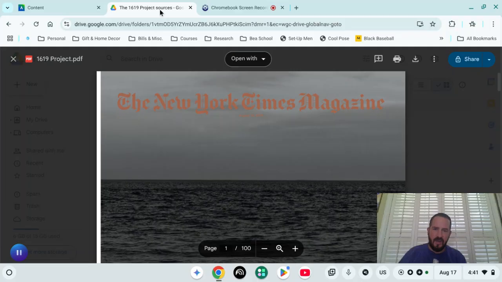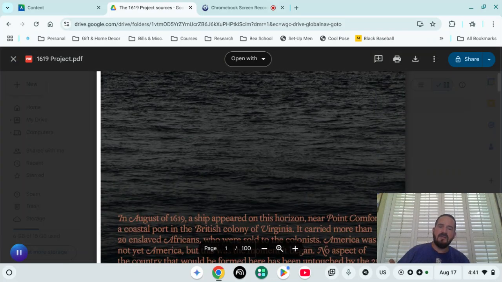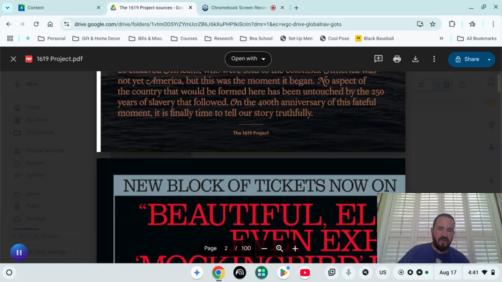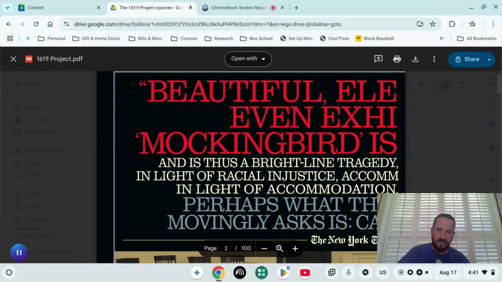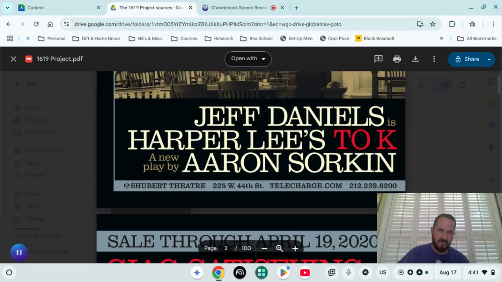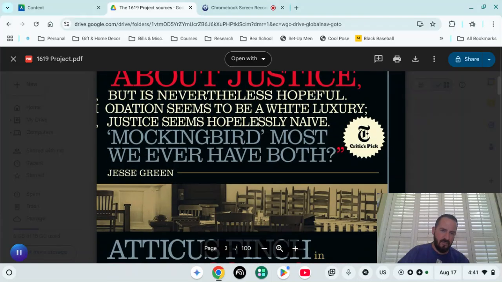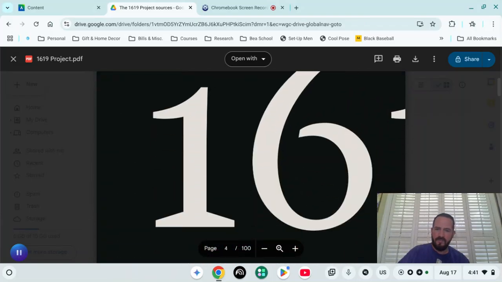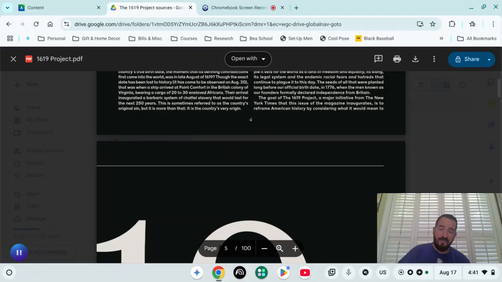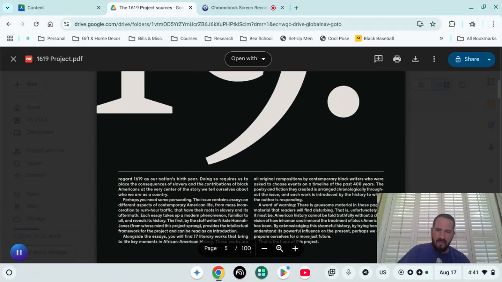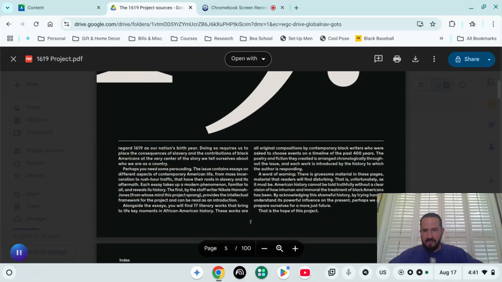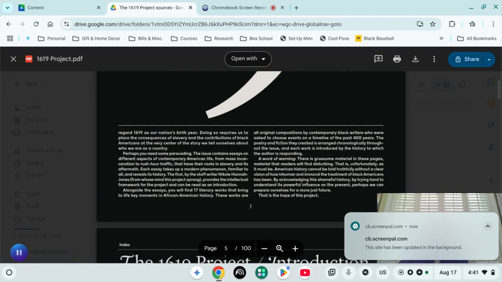And when you open it up, this is what it looked like. Now, this is how it appeared exactly in print. It's just a little bit awkward, though, because as you can see here, there are advertisements that you have to scroll through. And for the first few pages anyway, because this was published in the magazine, it's a little bit awkward reading from page to page.